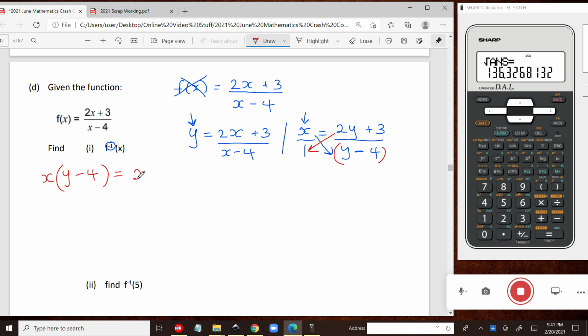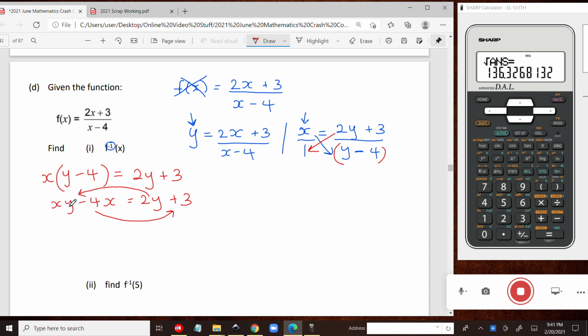Well, anything multiplied by 1 is itself. So let's multiply out the brackets. You get xy minus 4x is equal to 2y plus 3. Don't forget, we're trying to make y the subject. So anything that has a y, we throw it on this side. If you have no y, we throw it on the other side.